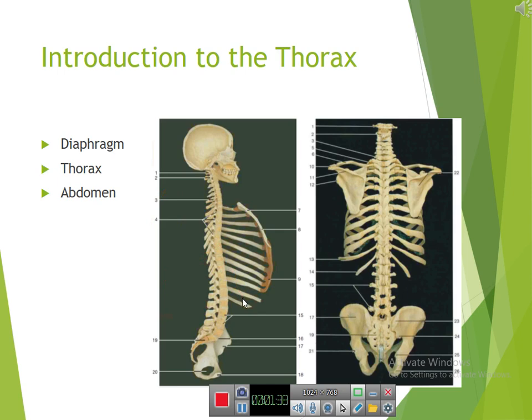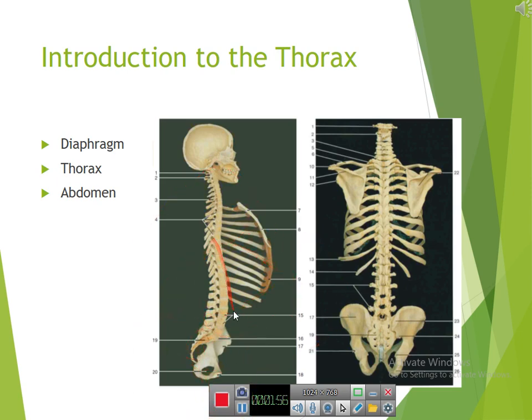It not only permits boarding and lodging of the thoracic viscera, but also provides necessary shelter to some of the abdominal viscera. This trunk of the body is divided.